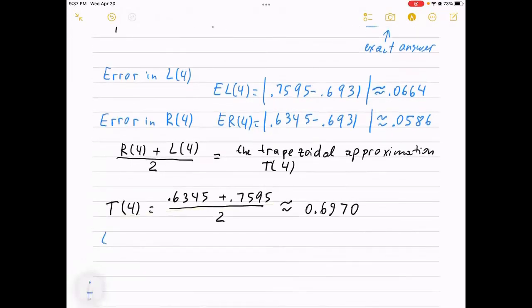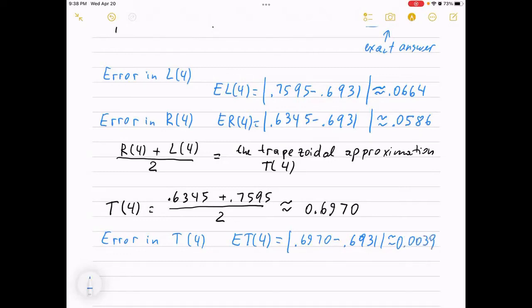And the error in T4 is going to be, we're calculating only its magnitude, 0.6970 minus 0.6931, which is 0.0039.